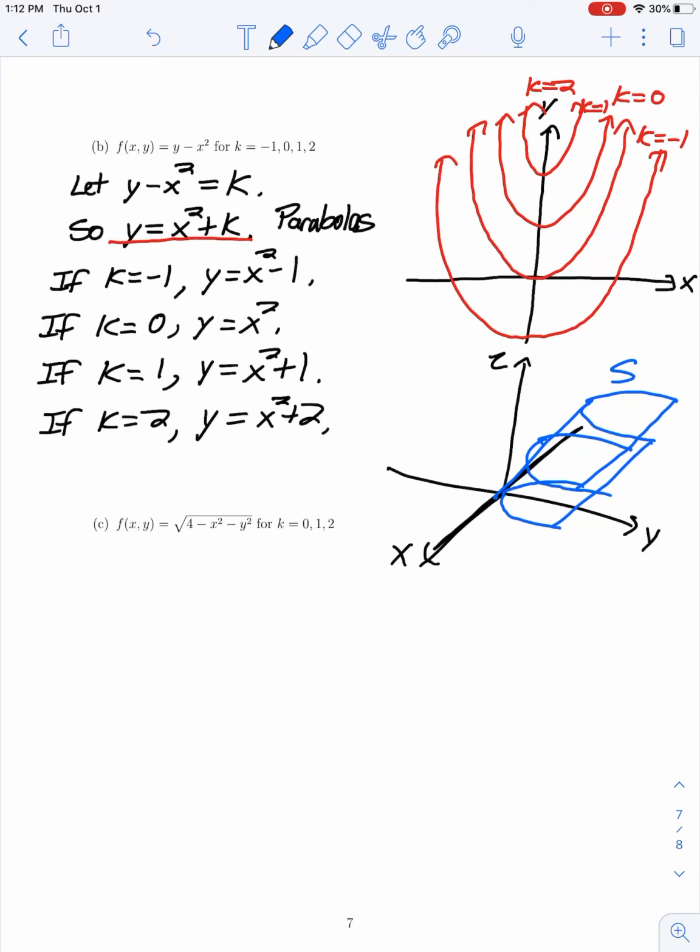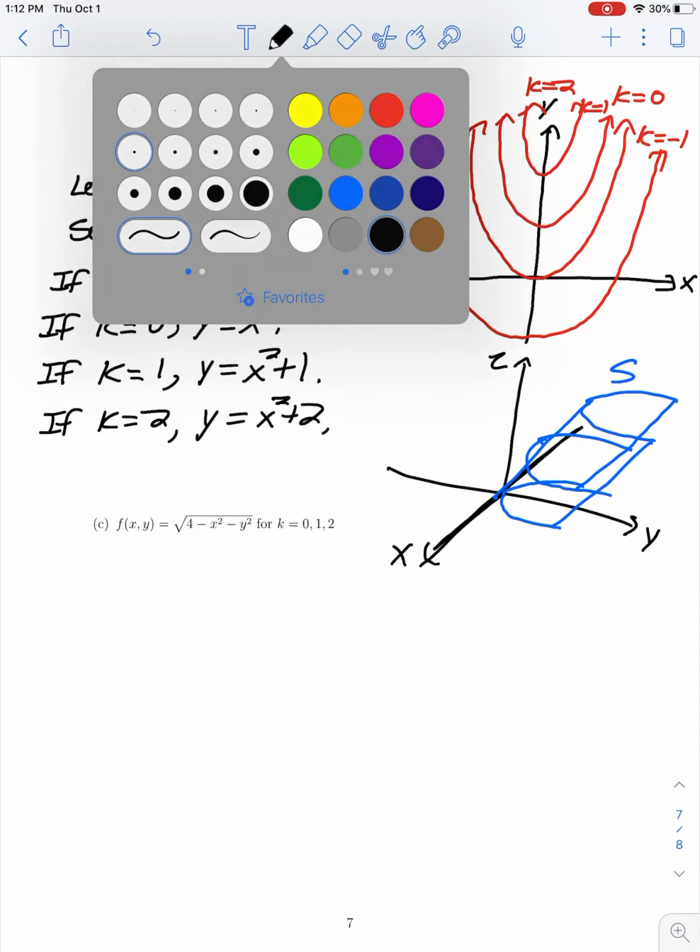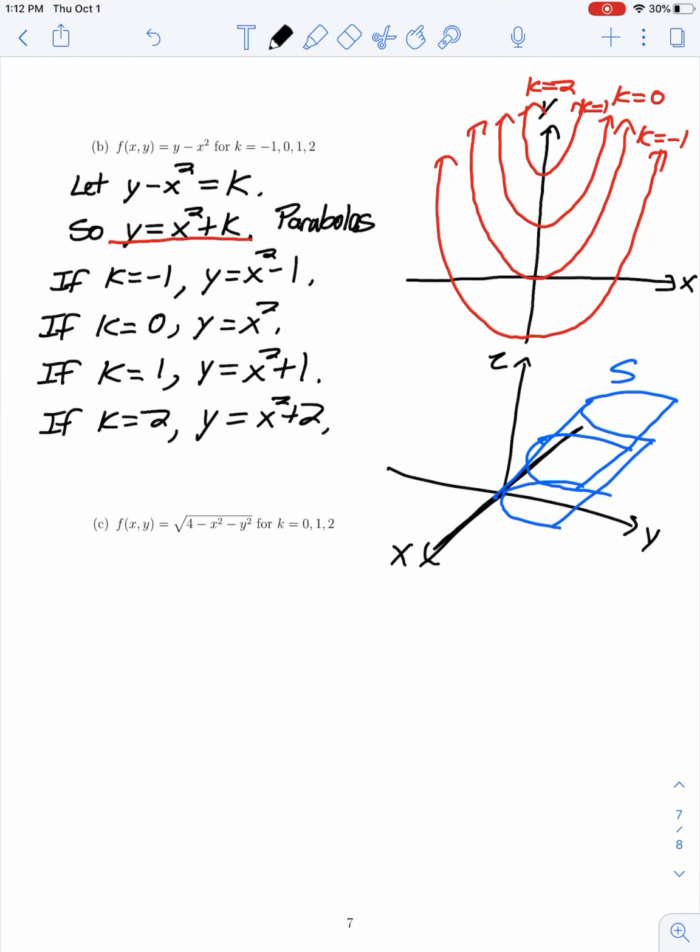Now, in part C, we have the function f of x, y defined as the square root of 4 minus x squared minus y squared. We're asked to sketch our graph here for the indicated values of k. So we're going to let our function f of x, y, which is the square root of 4 minus x squared minus y squared, equal k.